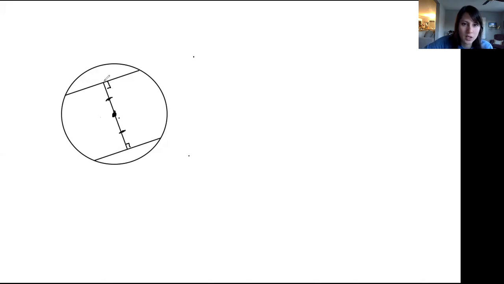From the center to the chord, those parts are equidistant, which means they are congruent.